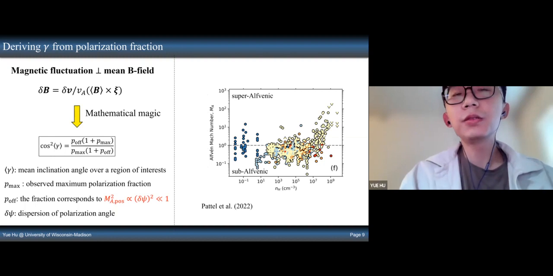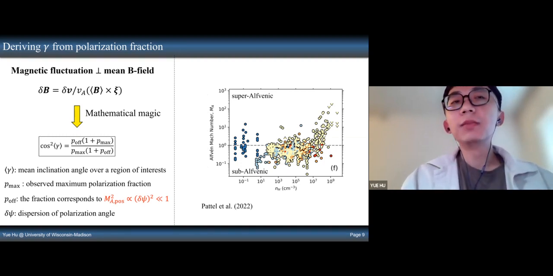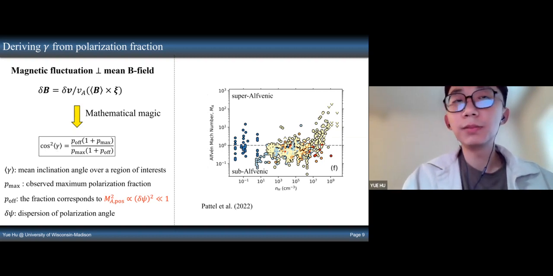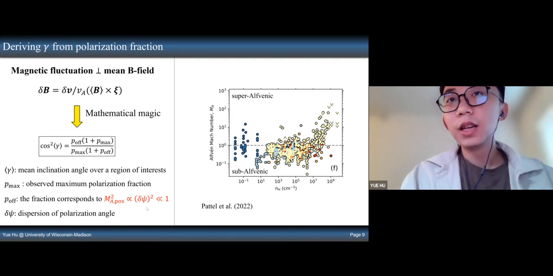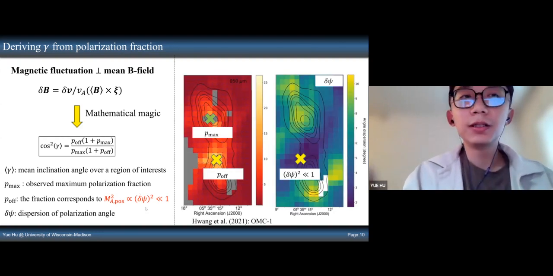With this assumption, we did some mathematical calculations, and that's the final expression we get. The inclination angle gamma can be determined by two values: P max and P off. P max is the observed maximal polarization fraction in a cloud, and P off is the fraction corresponding to the minimal dispersion of polarization angle. I would like to illustrate these values a little more.